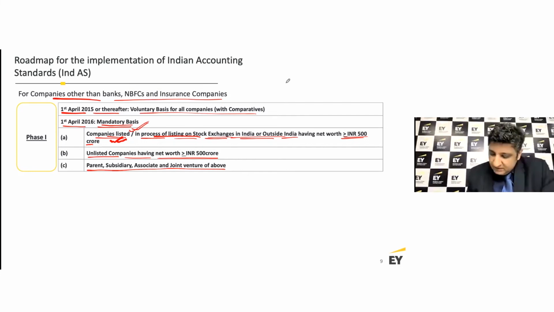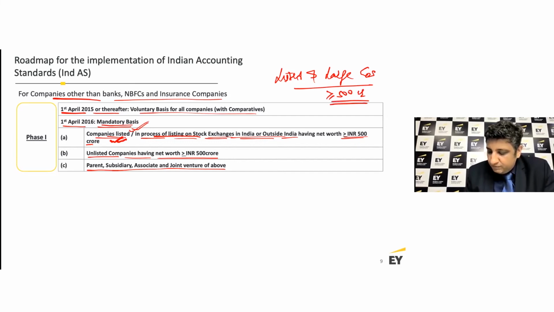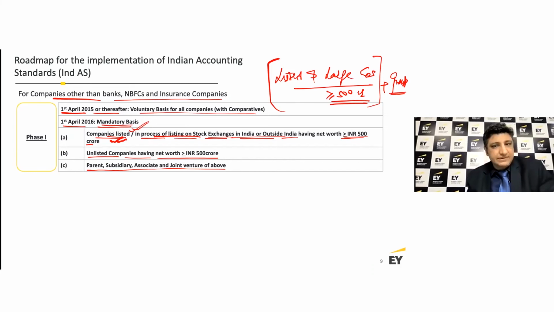So both listed and large organizations, and that is where the criterion of net worth had a role to play, right? Any large organization with a net worth of 500 crore rupees or more, as well as any listed company, would all get covered under phase one, plus the group entities, right? So that would be covering a major chunk of entities.